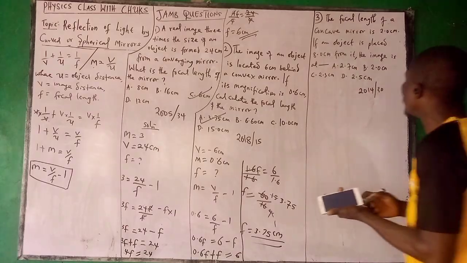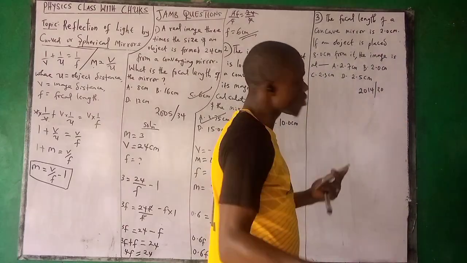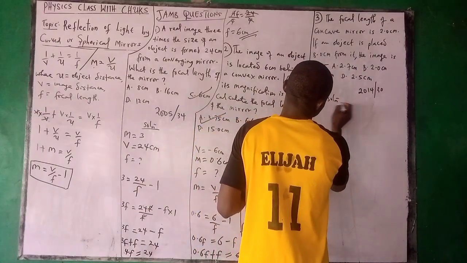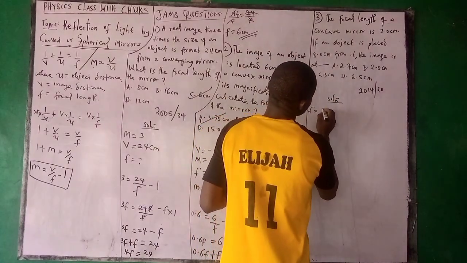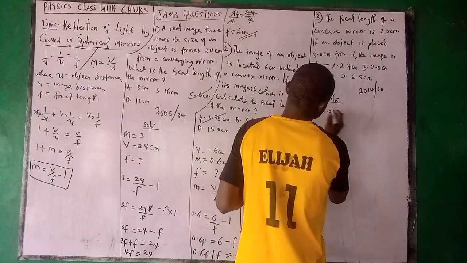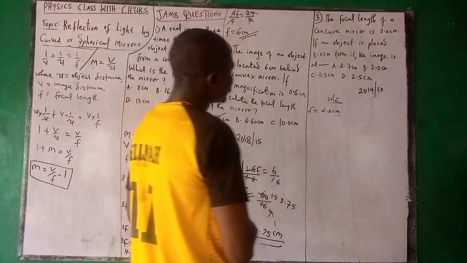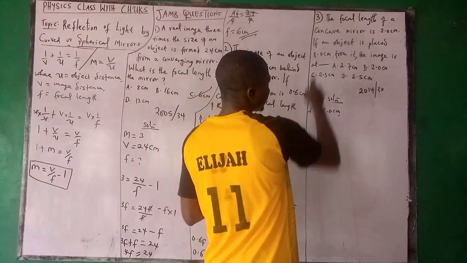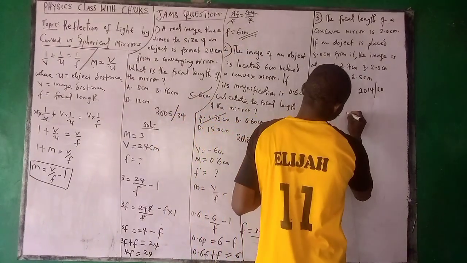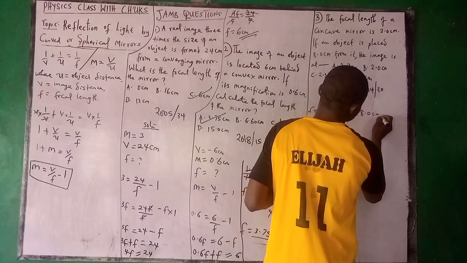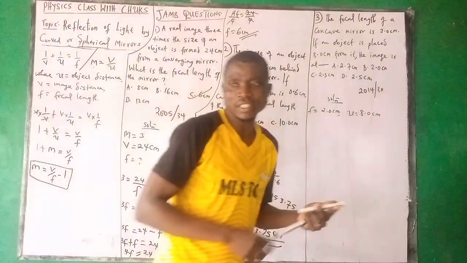Number 3: focal length of a concave mirror. This is a concave mirror, so my F is given as 2.0 cm. Now, if an object is 8.0 cm away, so object distance u is 8.0 cm.